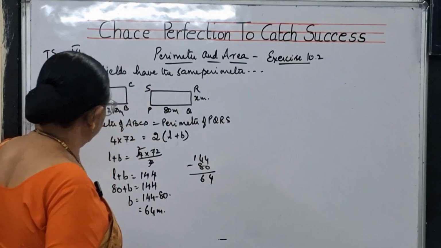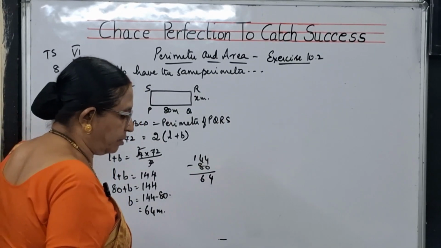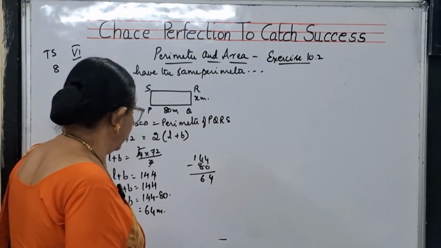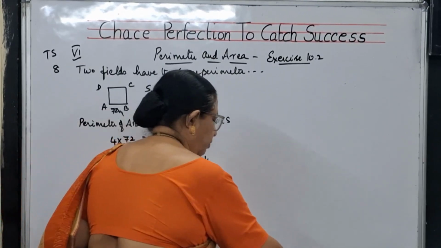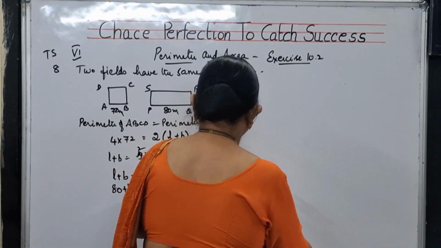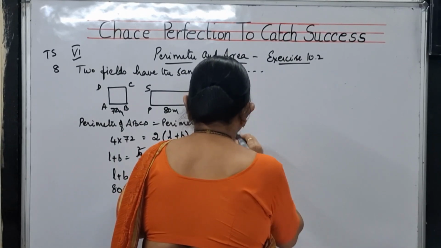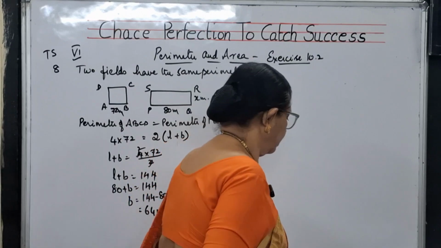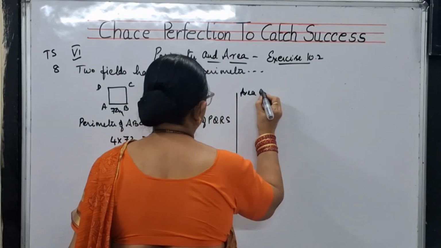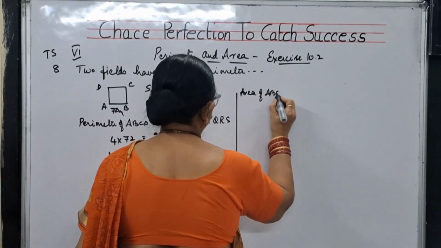So now we need to find out what is the question. Which field has greater area? So we need to find out areas of square as well as area of rectangle. So let us see area of ABCD.